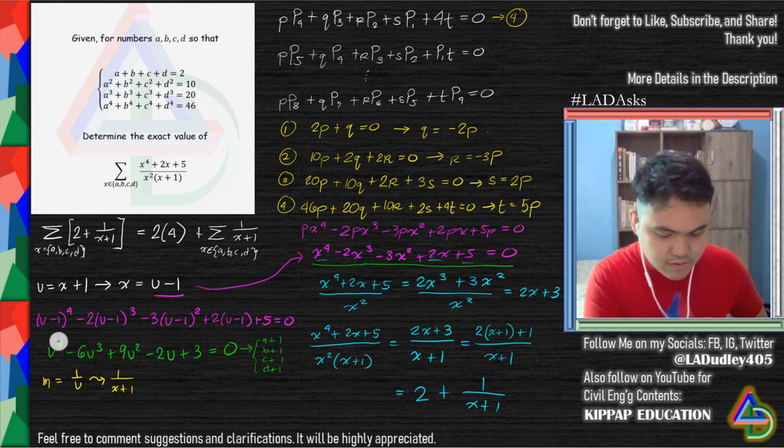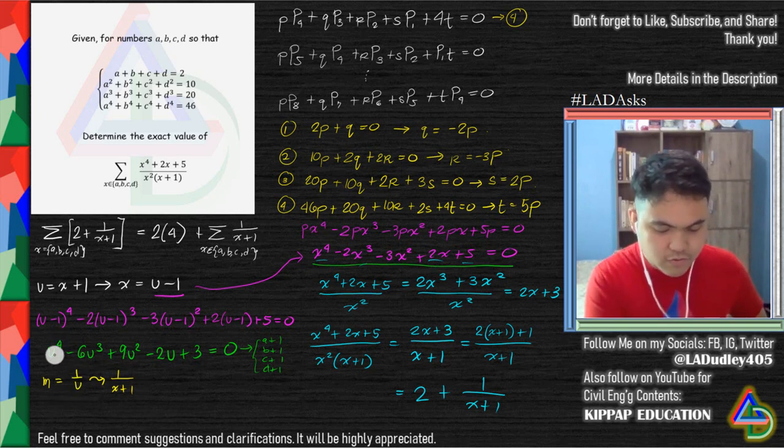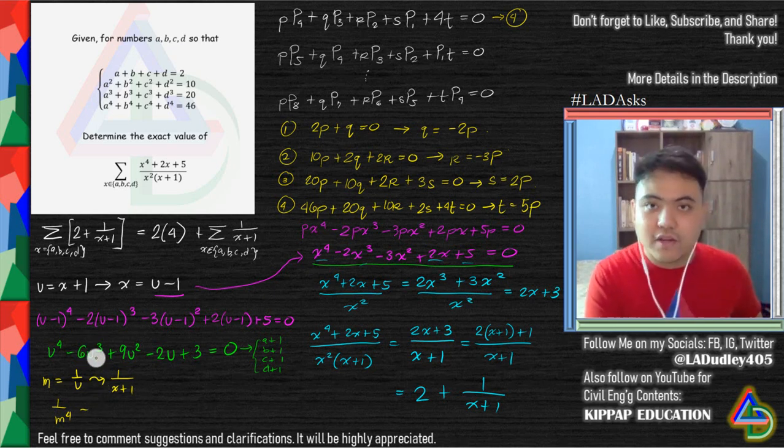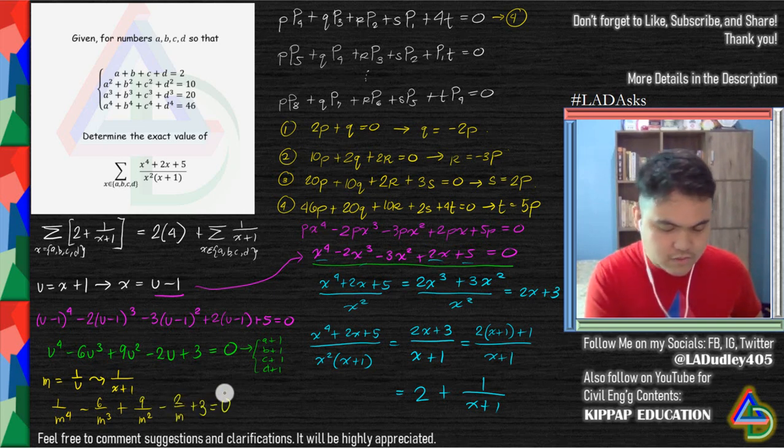So, substitute natin dito sa mga terms. So, we have, syempre, 1 over m to the fourth, 1 all over m to the fourth, minus, syempre, 6 times 1 over m cubed, we have 6 over m cubed, plus 9 over m squared, minus 2 over m, plus 3 equal to 0.